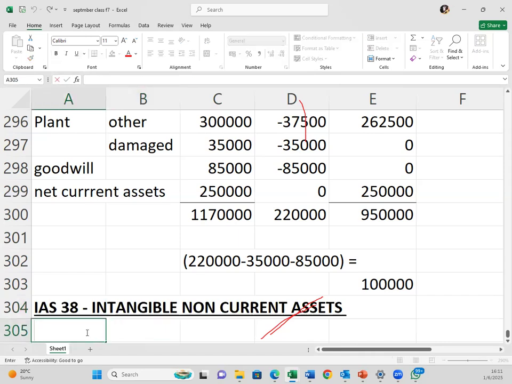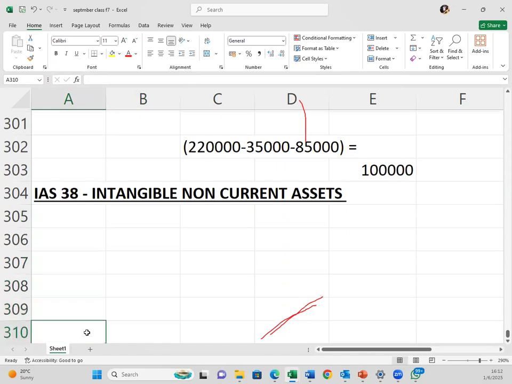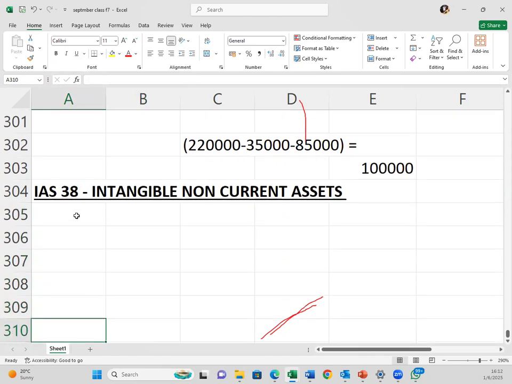So IAS 38 looks at how we account for intangible non-current assets. Firstly, what is an intangible non-current asset?